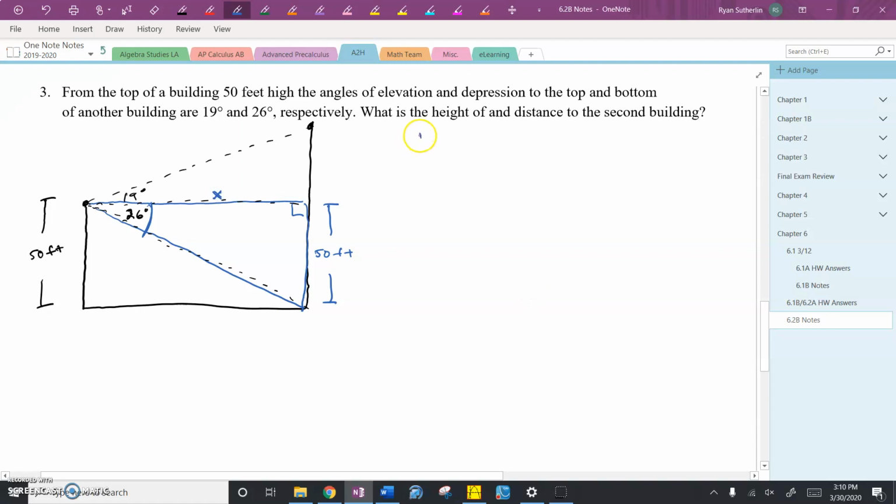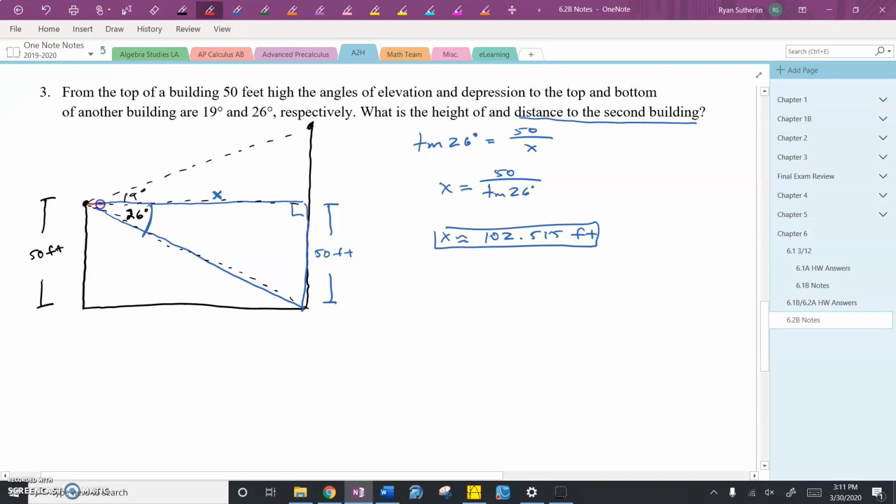So tangent of 26 degrees is equal to 50 over x. So x is 50 over tangent of 26 degrees, which comes out to be approximately 102.515 feet. So that's how far apart they are.